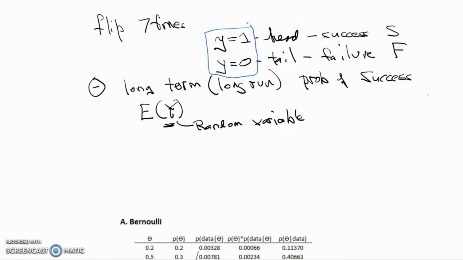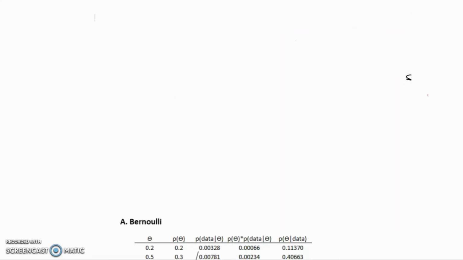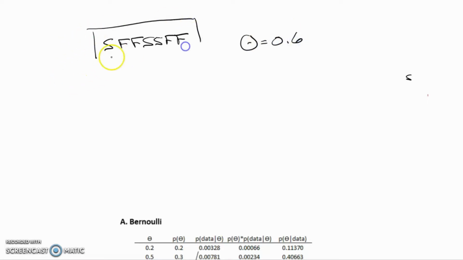So let's say I do this little experiment of flipping the coin 7 times, and the outcome I get is success, failure, failure, success, success, failure, failure. So that's the outcome of my 7 tosses. And if I assume that theta is equal to 0.6, what is the probability of getting this particular sequence?